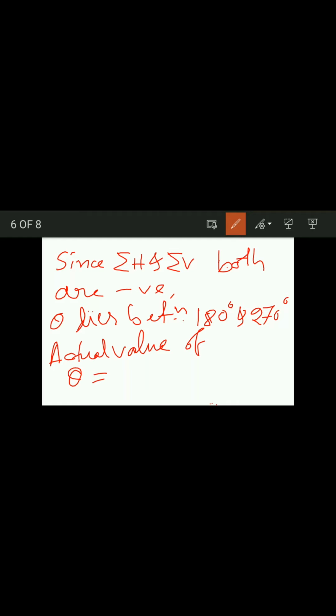So the direction of the resultant is now 225 degrees.